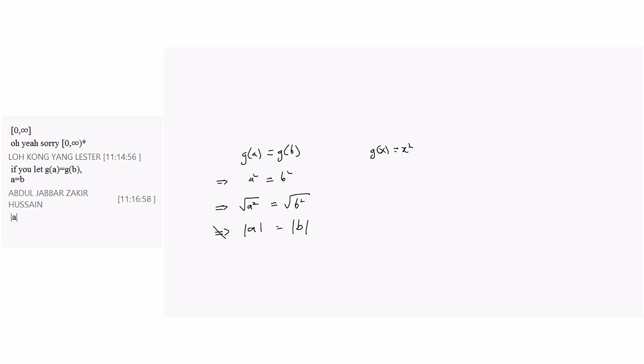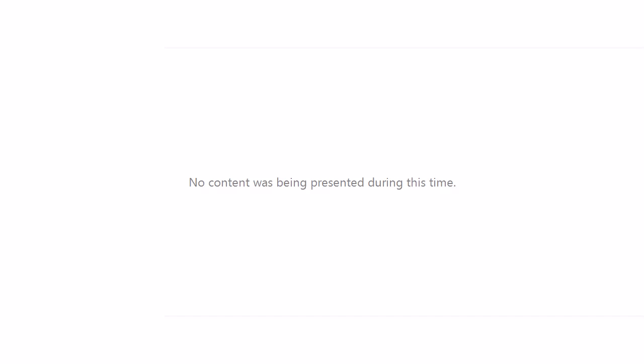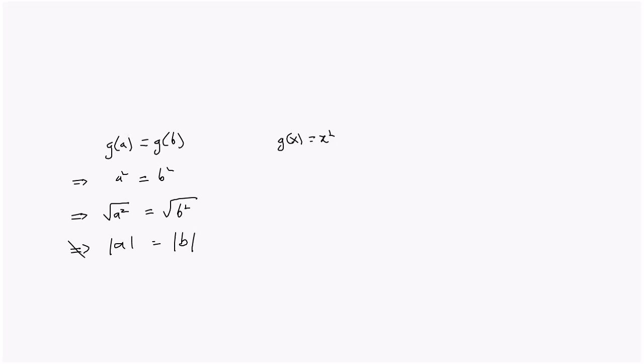So here's my modulus A equals modulus B. That doesn't mean that A equals B, alright? There are two different things that map to the same output. So in fact, the correct way to proceed from here goes something like this.